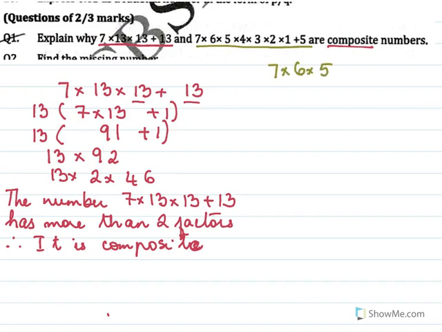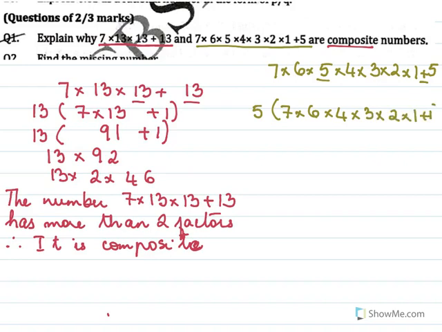So 7 into 6 into 5 into 4 into 3 into 2 into 1 plus 5. I'll take 5 common out. What will remain? 7 into 6 into 4 into 3 into 2 into 1 plus 1.